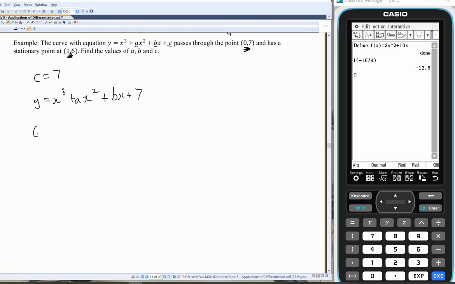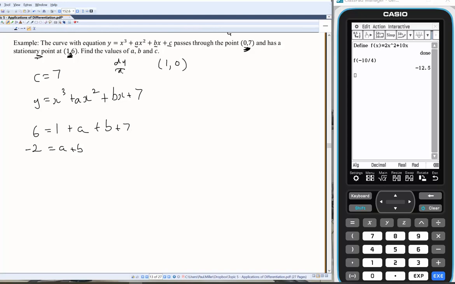So that's going to be 6 equals 1 plus a plus b plus 7. Let's tidy it up a little bit, so 1 and 7 is 8. This is negative 2 equals a plus b. Now, what else do we know? It has a stationary point. That means that for the derivative, when x is equal to 1, dy/dx is going to equal 0.